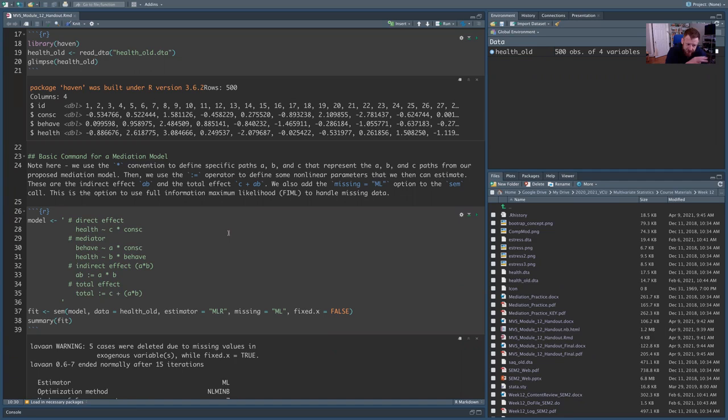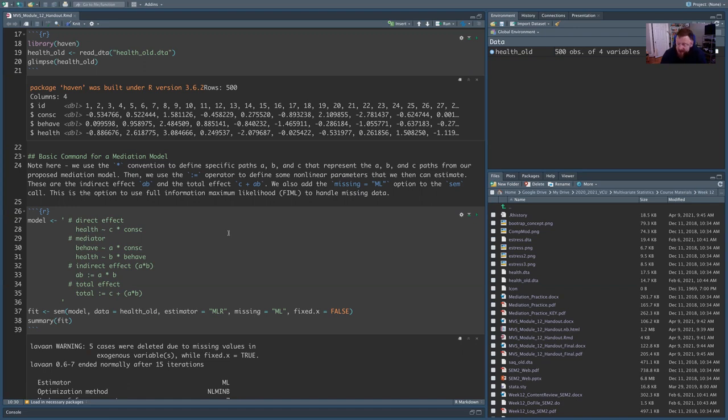Conscientiousness is over here on the left side of our diagram, and that is our independent variable. Health-related behaviors are in the middle, and then on the right side, we have self-reported health.